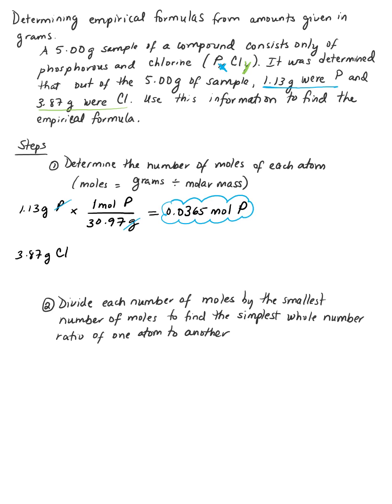So now we're doing the same thing for Cl. Looking at the periodic table from your book, 35.45 grams. 3.87 times 1 divided by 35.45.